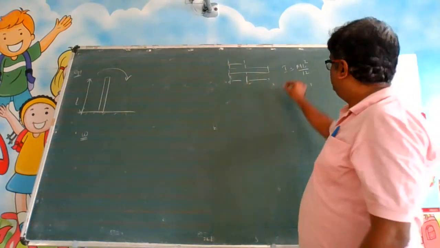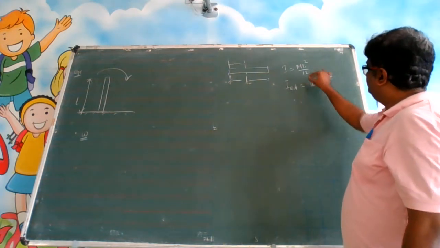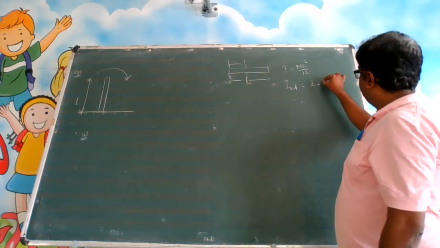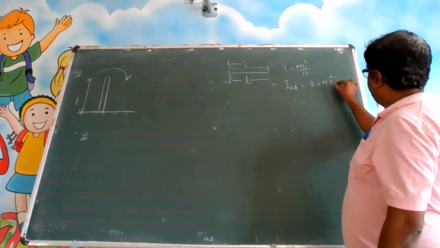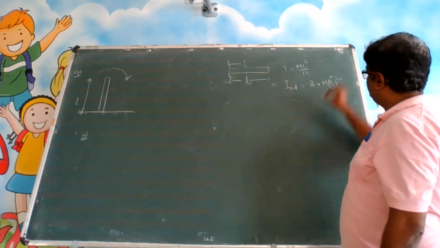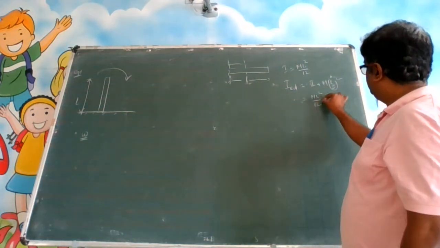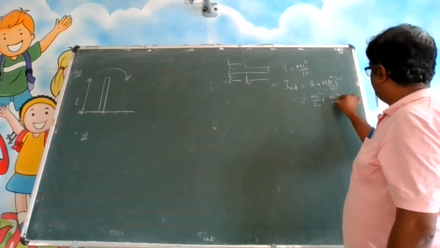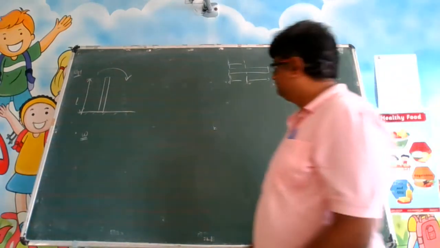So I edge will be equal to this I plus this m into this distance square. It is (L by 2) whole square, isn't it? So this is mL square by 12 plus mL square by 4. If you solve it, you get mL square by 3.